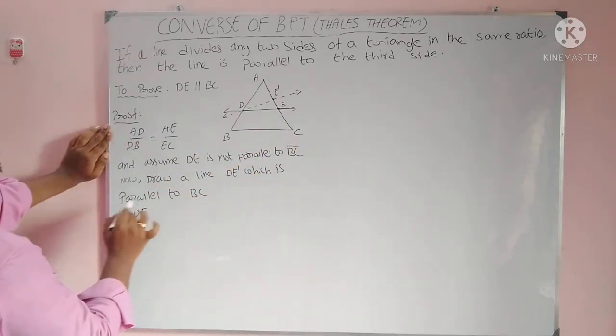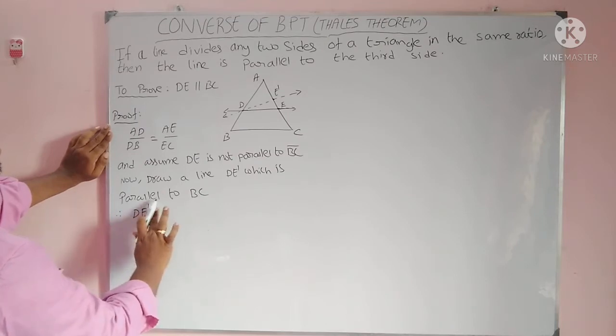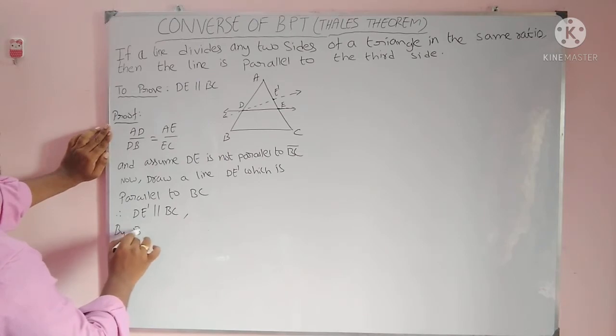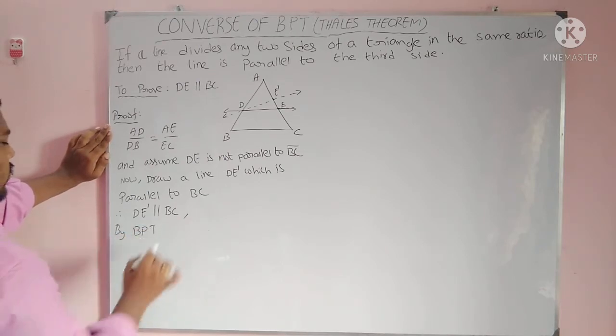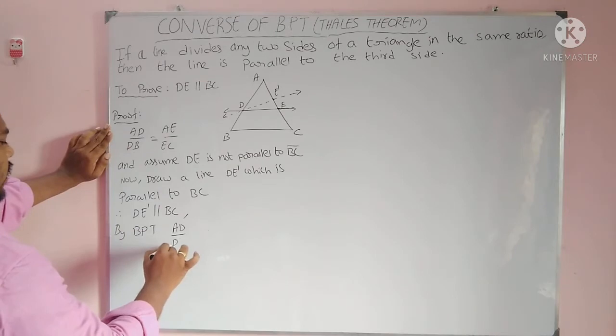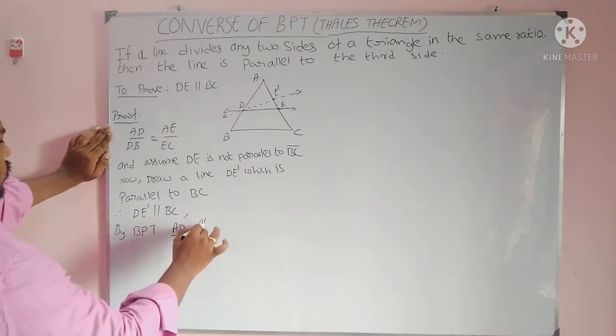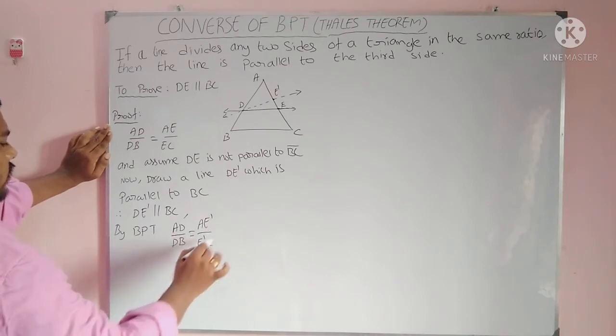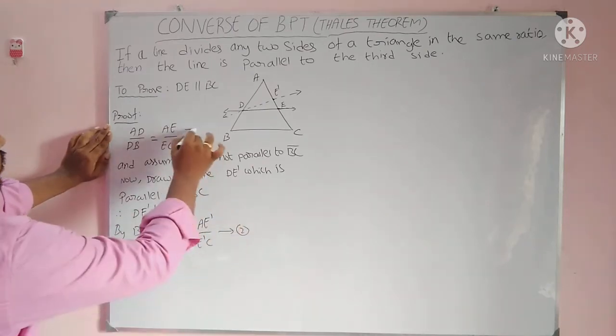Therefore DE dash is parallel to BC. By BPT, what can we write? AD by DB is equal to AE dash by E dash C. Let this be 2, and assume the earlier one as 1.